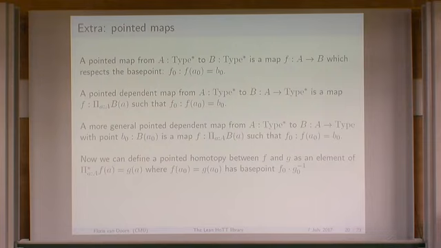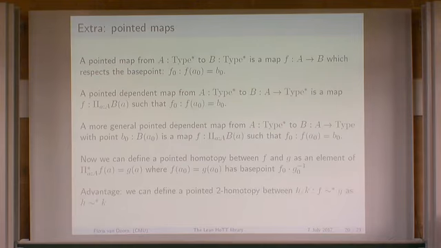One thing this gives you is that you can define a pointed homotopy between two pointed maps. If you have two pointed maps f and g, which can be either of those, let's say this one because that's the most general, then a pointed homotopy is an element of a dependent pointed map from A to equalities from f a to g a. This makes sense because we have a base point over the fiber, namely a point which is just a concatenation of the facts that f and g respect the base point.